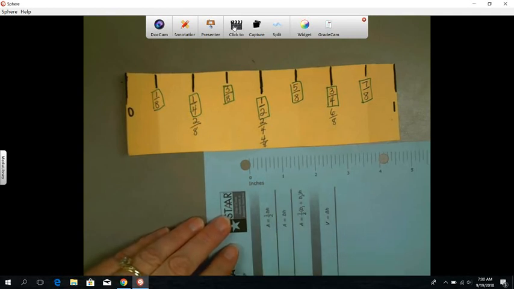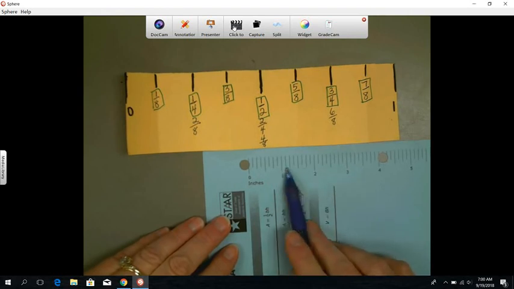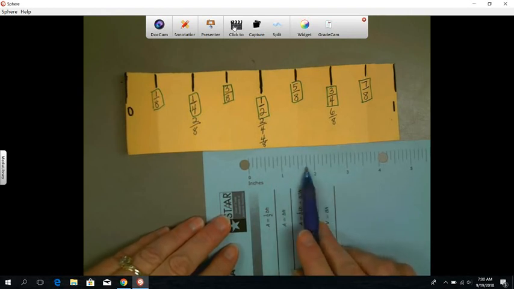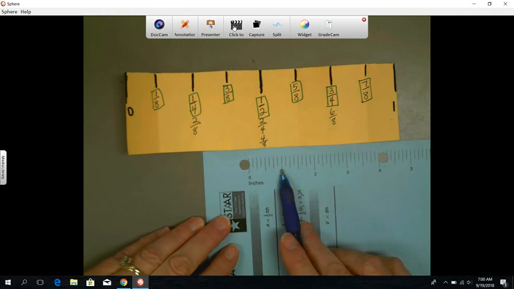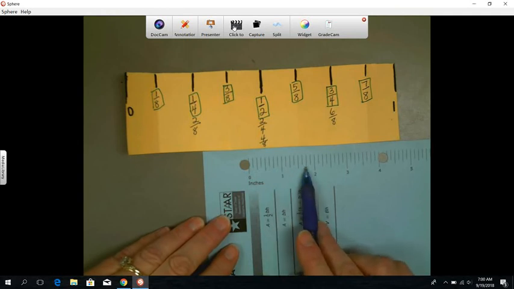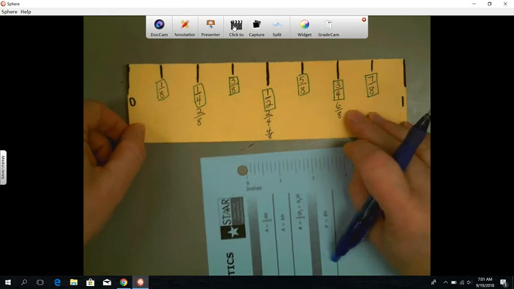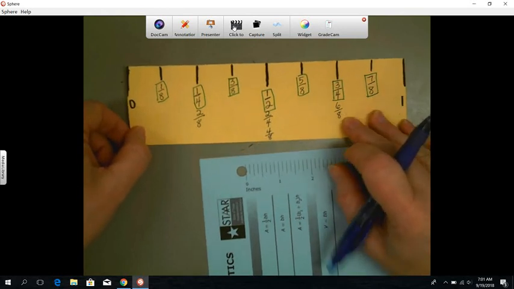Okay, so if I'm over here, it's going to be 1 and 3/4 because I'm already over 1 full and then 3/4 more. All right, so let's practice a little bit to see if we can figure out how to use this. And this is a great reference to help us remember. So we'll be putting that into our notebook.